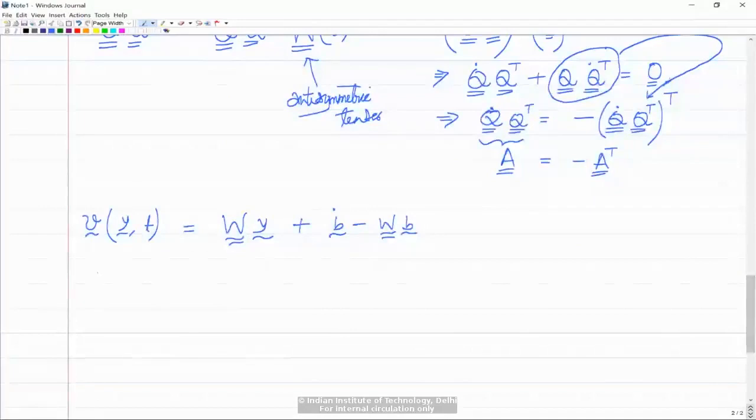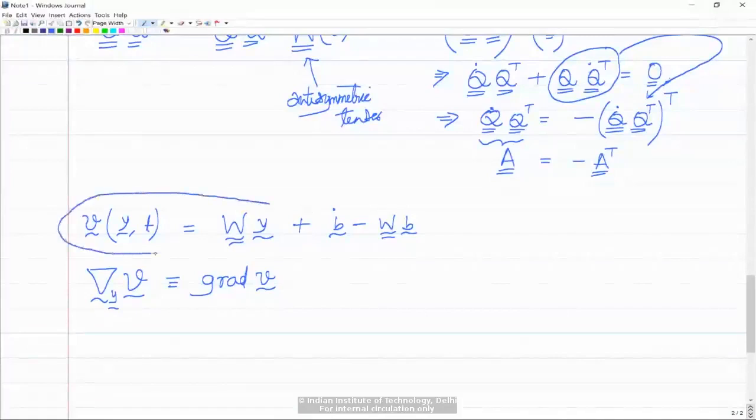Remember what is Eulerian gradient. So Eulerian gradient is gradient of v with respect to the deformed coordinate y, or we actually wrote it as small g grad of v. So big G grad was the Lagrangian gradient, whereas small g grad is the Eulerian gradient. So can someone tell me what will be the Eulerian gradient here? Okay, let's try to work it out. So, for example, we can go back to indicial notation.